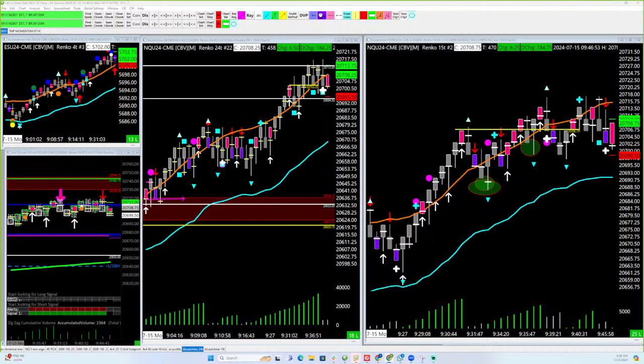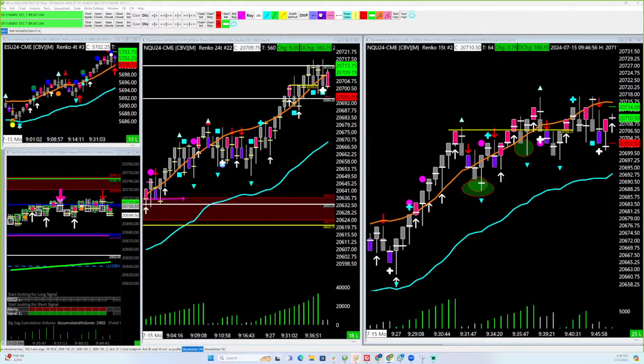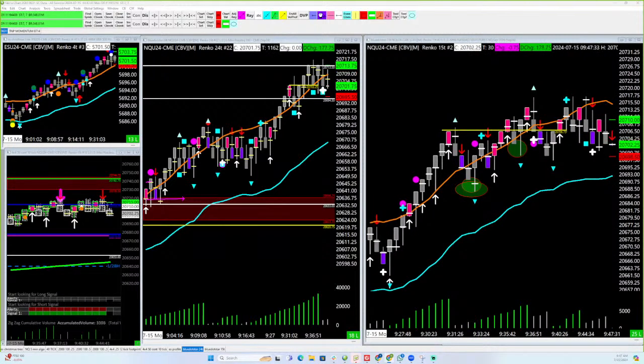Back to that stair step chop. Plus sign, blue square.